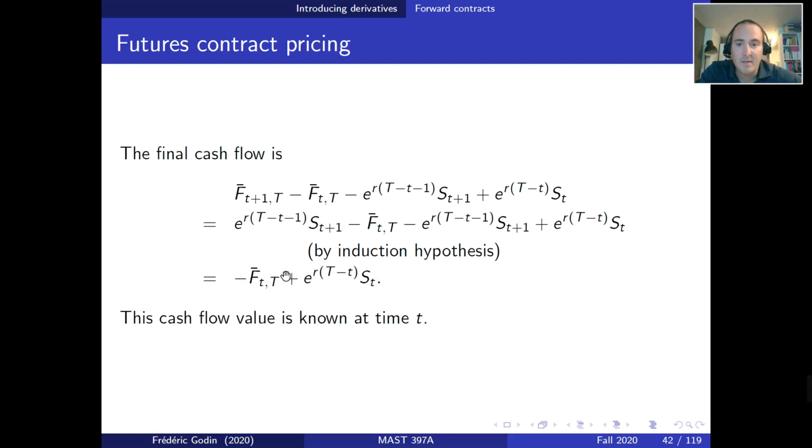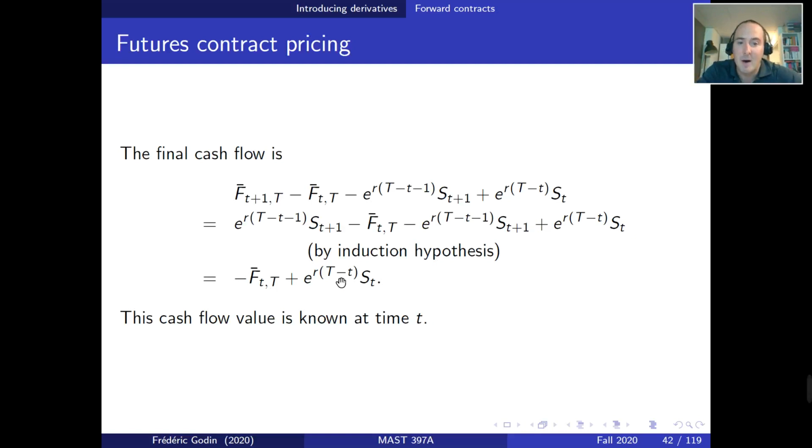So what would be the only value which would make sense for the futures price here? Well, it would be the value which would make the net total cash flow equal to 0. Why is that the case? Well, at time t there's a 0 cash flow, so the only cash flow is at time t plus 1.